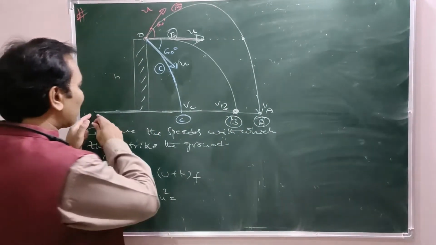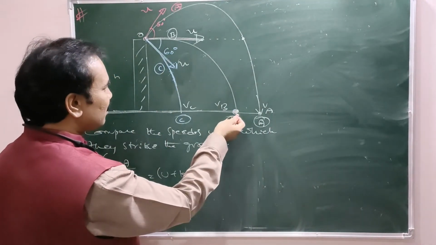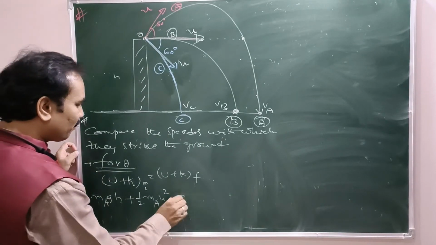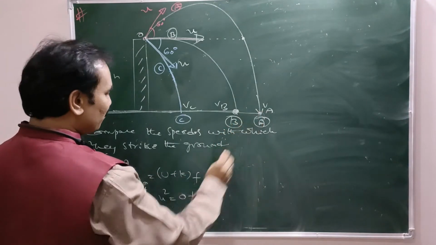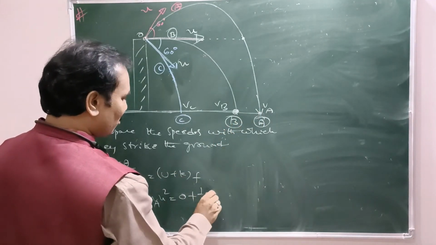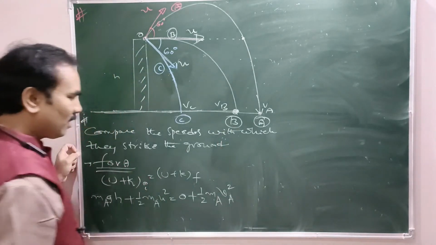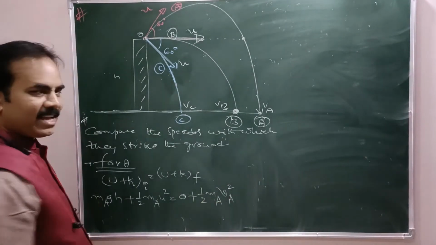It is 0. Why? Because there is no height here. This is our reference level. When it reaches the reference level, height becomes 0. Therefore, potential energy is 0 on the ground. Thus, the kinetic energy for A is half of mass of A into VA square. VA is unknown.